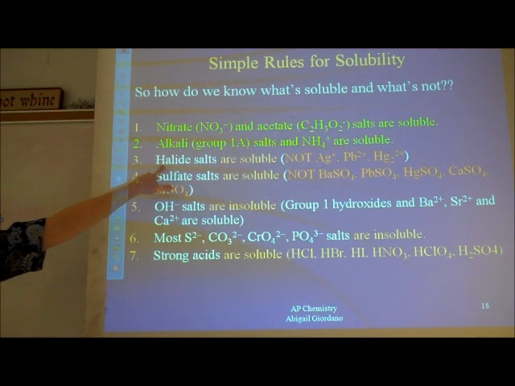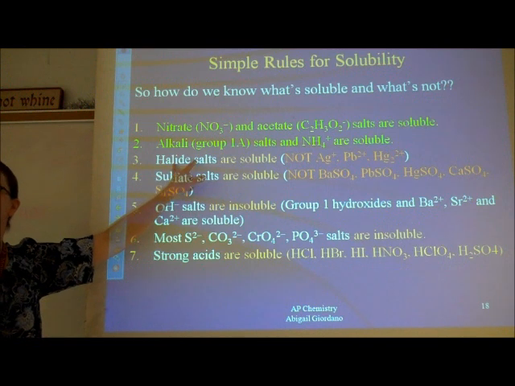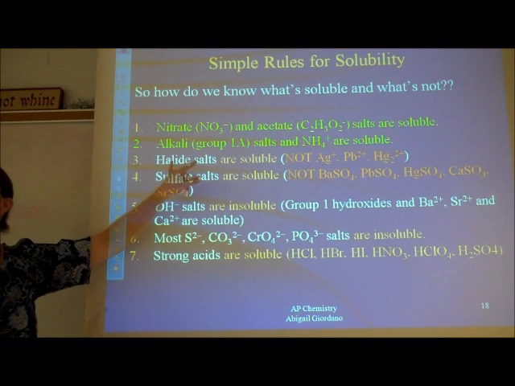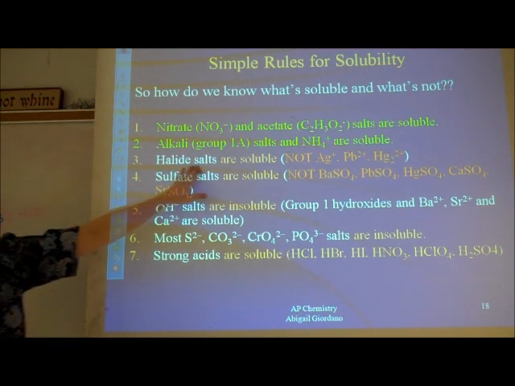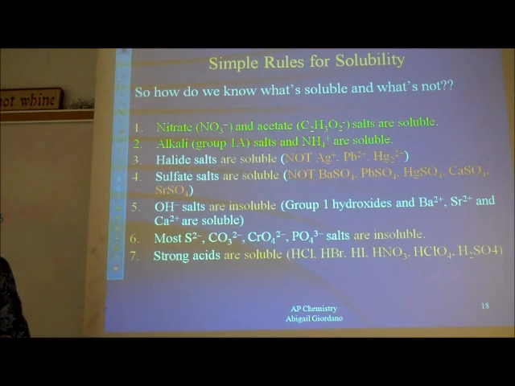What do you think I mean by a halide salt? Halide, what does that sound like? Halogen. Any salt, any ionic compound that has a halogen in it is going to be soluble.